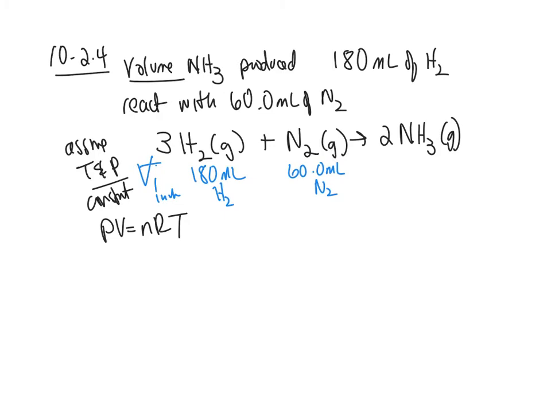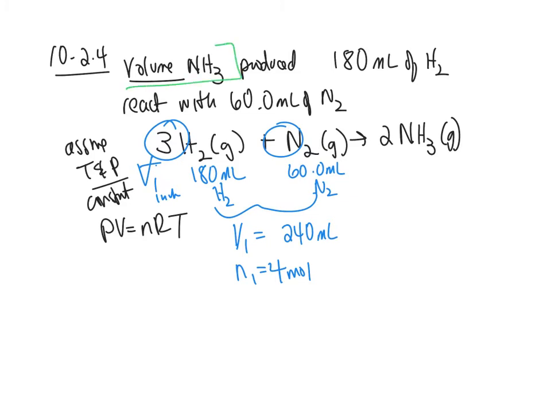If you add that volume together, initially at volume 1, you have 240 milliliters. And how many moles do you have? In 1, you have 3 moles of hydrogen plus 1 mole of nitrogen. You have 4 moles.